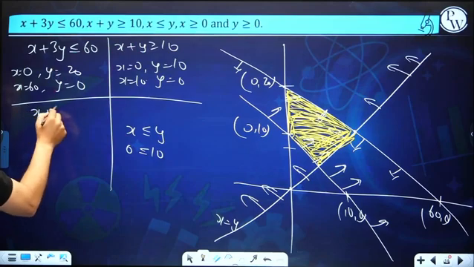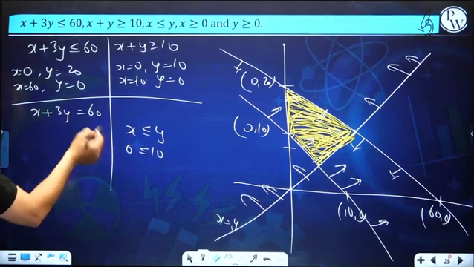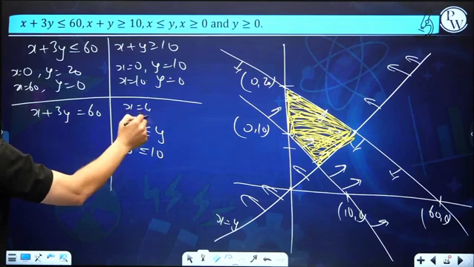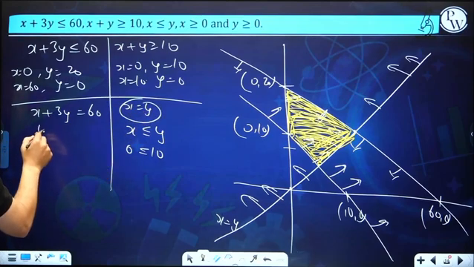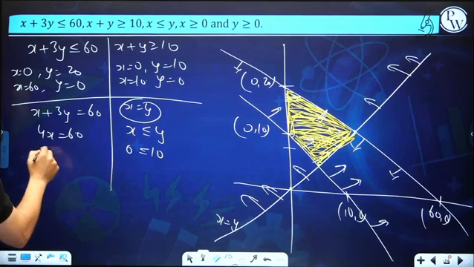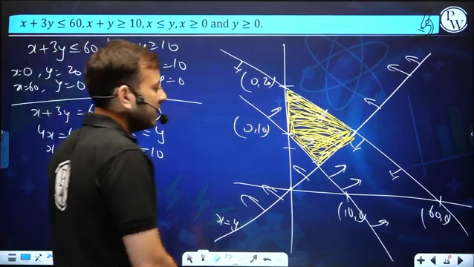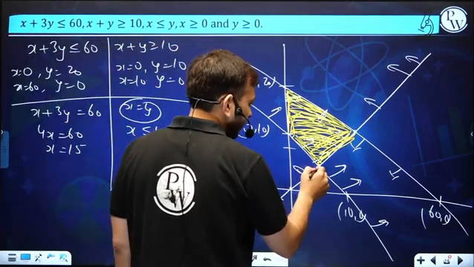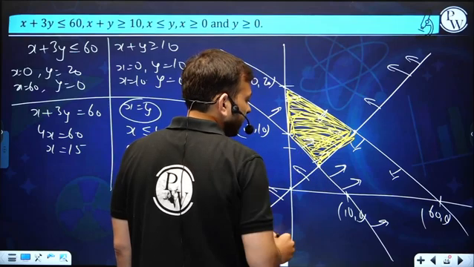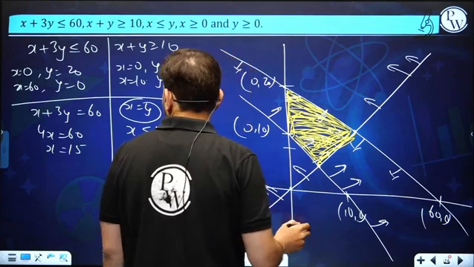So, sir, x plus 3y equals 60. Put x equals y. So 4x equals 60, x equals 15. So that means this point will be what?